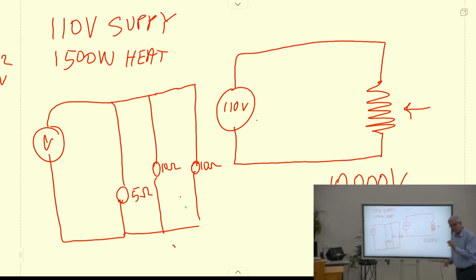So I can have a 1 amp wire, a tiny wire. Humans, if they're grounded properly, can touch a 10,000 volt line? No. It's vice versa.